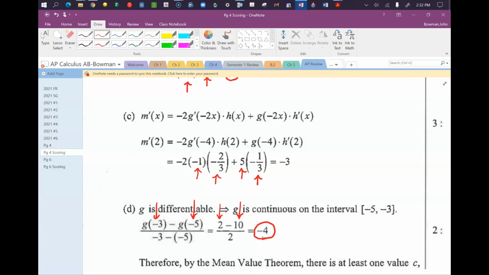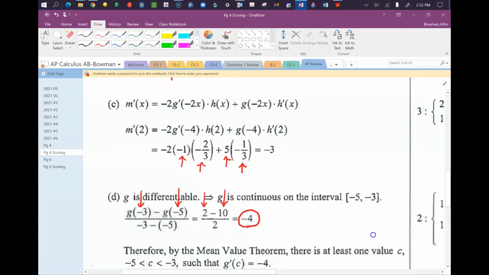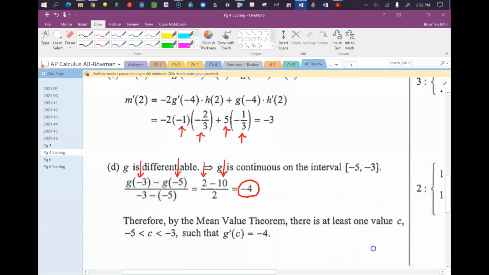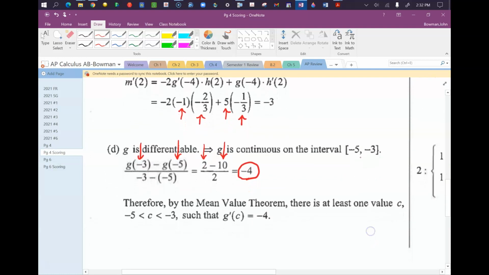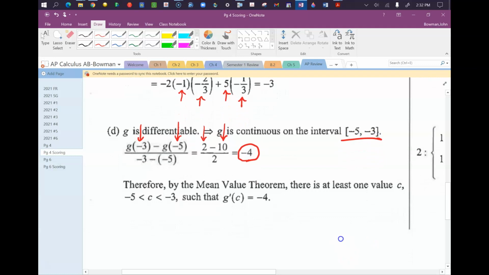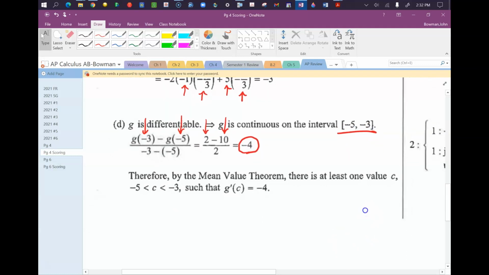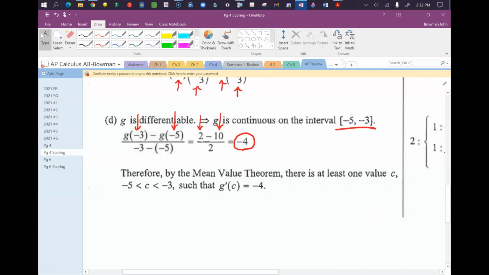Again, because we were told in the stem of the problem that g is differentiable, that means g is differentiable and continuous on this closed interval, and therefore the mean value theorem applies, and therefore the instantaneous rate of change will be equal to the average rate of change for at least one value between negative 5 and negative 3.